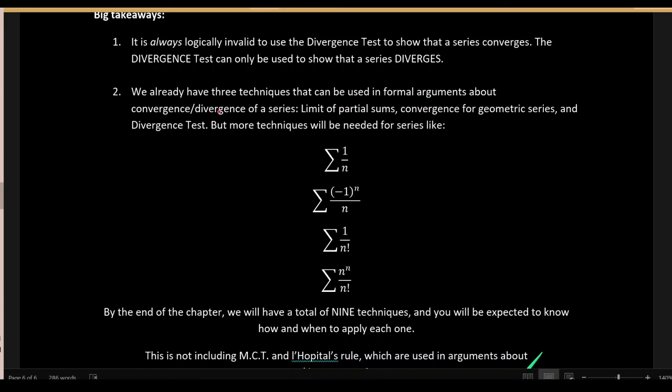Which means that we need more techniques that can be used to decide whether or not each of these series is convergent or divergent. By the end of the chapter, we're going to have, I think, a total of 9 different techniques. And your job, I think probably the hardest part of midterm 1, will be to figure out which technique you will need to apply to any particular series that you are given on an exam.